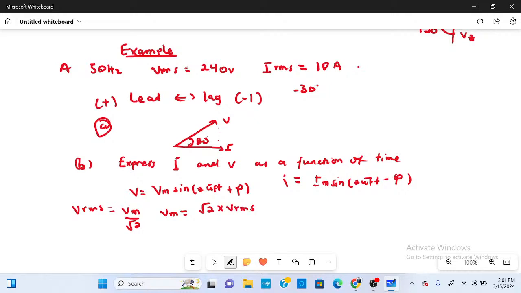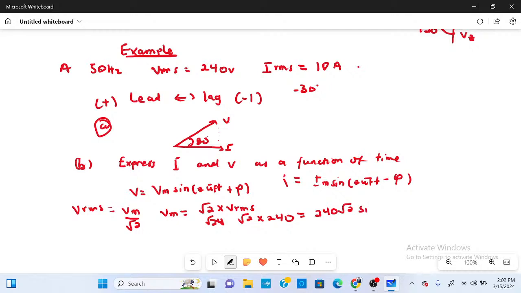So I'll just multiply square root of 2 by my 240 to get my voltage in the peak form. What is this giving me? I'm getting this to be equal to 240 root 2, right? You can choose to multiply and simplify to get your answer.